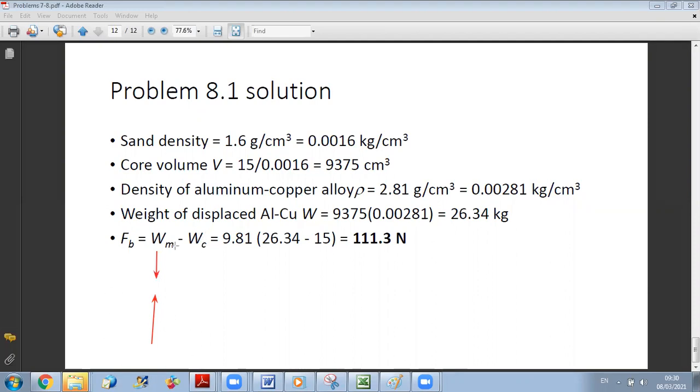In general, we consider that the buoyancy force is the one acting upward and the weight is the one downward, but the resultant here is the lift force, which is the force that will act overall on the core, the difference between the upward force and the downward force. So you can get the value of your total lift force.